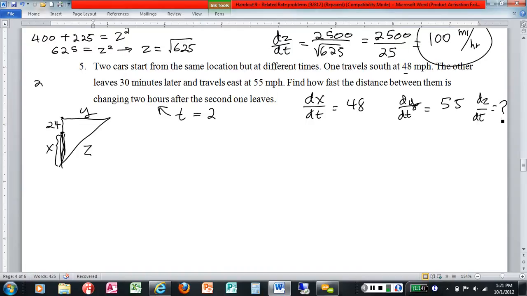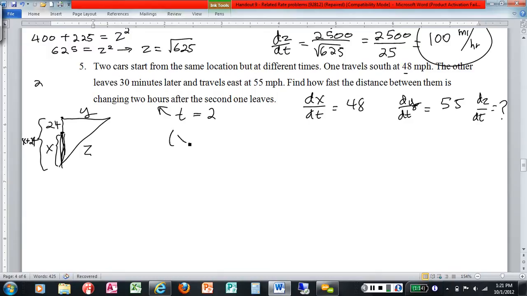Again, I'm going to use the Pythagorean Theorem, but there's a little bit of a change here. It's not x squared plus y squared equals z squared. Because of that head start, isn't this the a, if you will, of the Pythagorean Theorem? What's a? Well, a is the x distance, but it's also 24 miles with that. x plus 24. So this total side here is x plus 24.